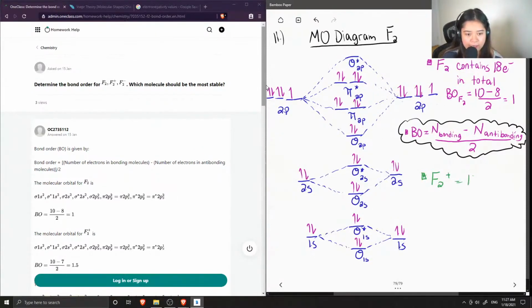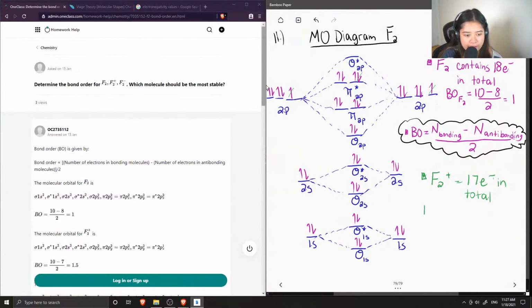This means we now have 17 electrons in total. So it's going to look the same as our F2, except this time we lost an electron. So let's say in the green is F2 plus, and we lost an electron there.